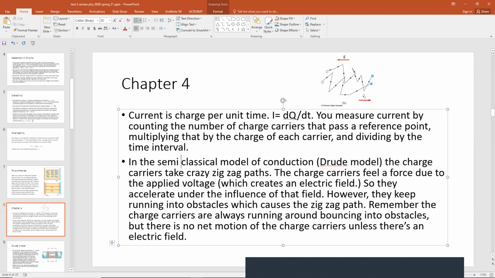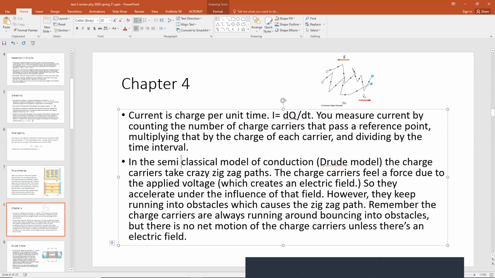Now, because there are defects in the material and because the electron can run into a lot of stuff, it doesn't have a nice straight line path when an electric field is applied. Instead, it'll have a crazy zigzaggy path, okay? So when an electric field is applied, the charge carriers feel a force due to that field, which is due to the applied voltage, of course, and that force is F equals QE.